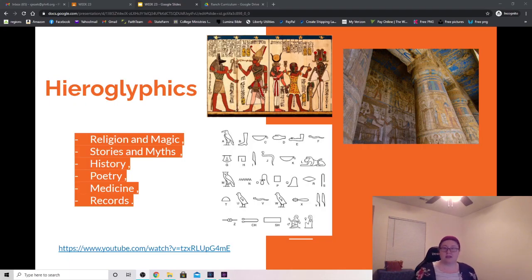Okay, so once again, hieroglyphics did not actually move. They were just pictures carved into stone, but that was a cartoon example of hieroglyphics that told a story in history.